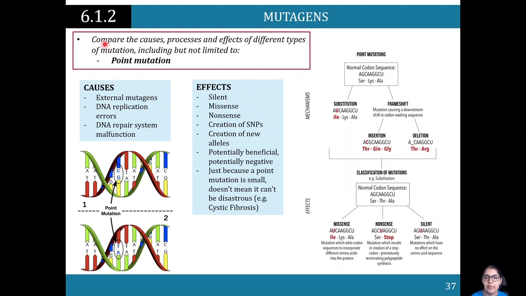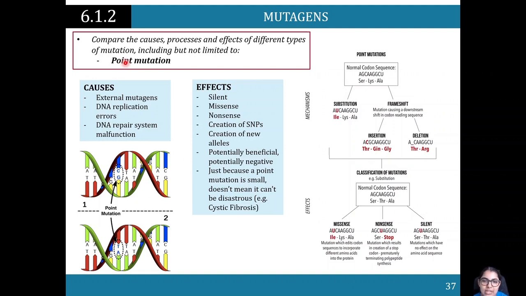So here we are. We're going to now compare the causes, processes, and effects of different types of mutations. But we're first going to talk about point mutations. In terms of what causes them, firstly, they are caused by external mutagens, DNA replication errors, and DNA repair system malfunction.